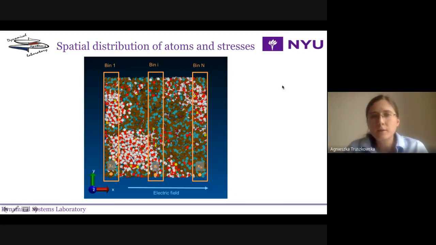Finally, we examine the spatial distribution of atoms and the stresses, and we do it by dividing our simulation cell into equally spaced and equally sized rectangular bins positioned in the direction of the electric field. We compute stress and the number of atoms in each of these bins, and then we average them over some period of time, and we plot the values for each bin as a function of bin center.